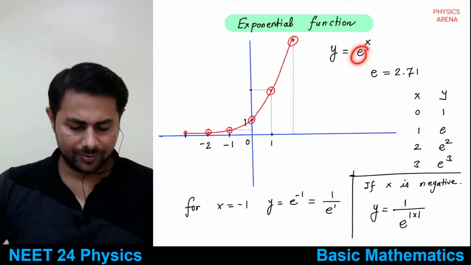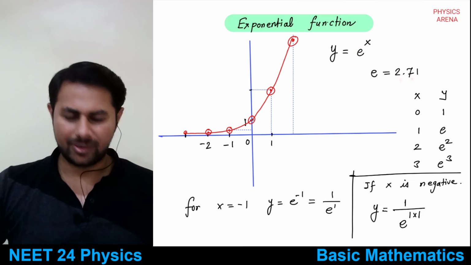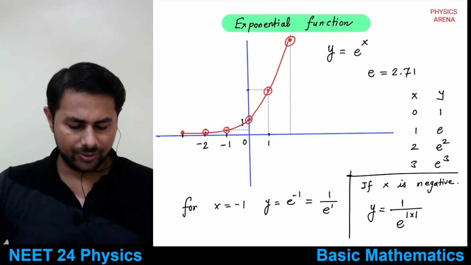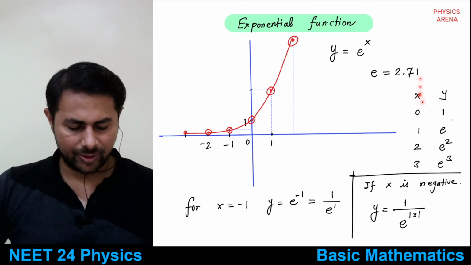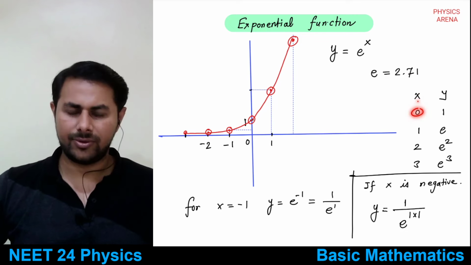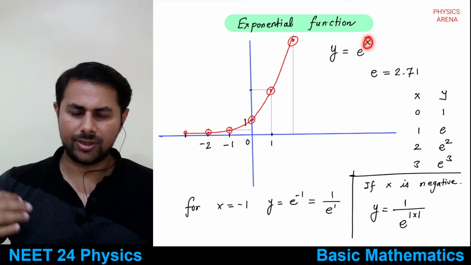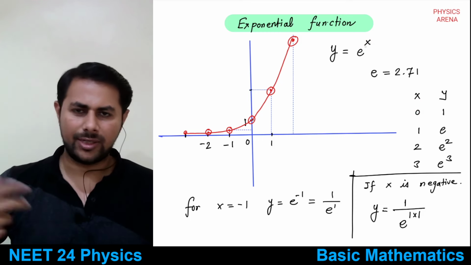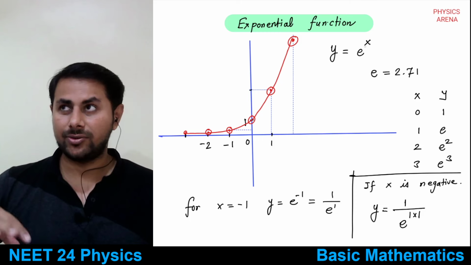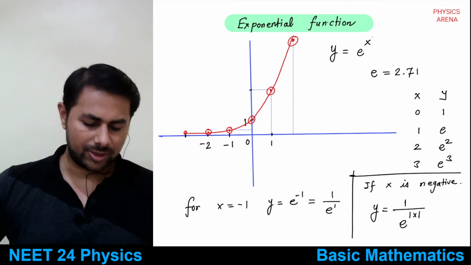So you have, suppose, this e. What is e? e is equal to 2.71 something. Now you take values of x. For that you will get values of y. So for x equal to 0, what will be y? Now you need to remember this: anything raised to the power 0 is equal to 1. 2 raised to 0 is 1, 3 raised to 0 is 1.